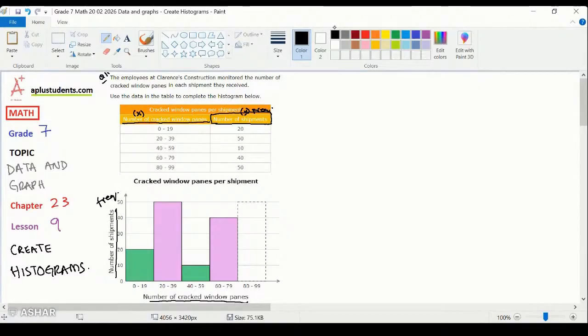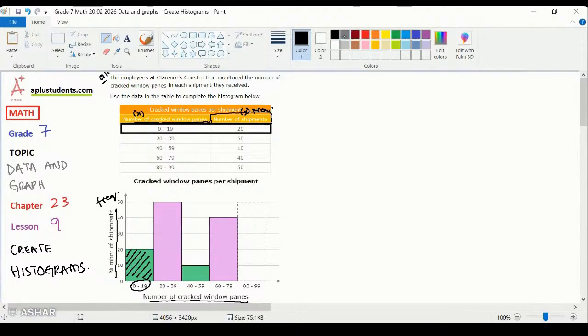So between 0 and 19, it was done how many times? 20 times. That means between 0 and 19, the height would be 20. So we make a bar. Histograms have bars on it, and the bars will have no gaps between them.